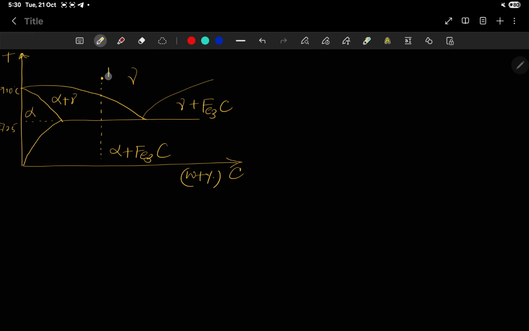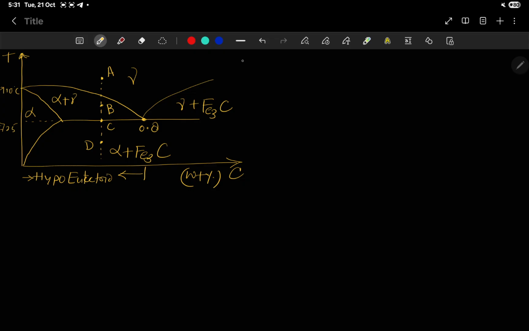So this is point A, one point is here point B, one point is here point C, one point is here point D. So let's take 4 points at different locations in the hypoeutectoid region, and this is 0.8 weight percentage, and the region below this is called the hypoeutectoid region.